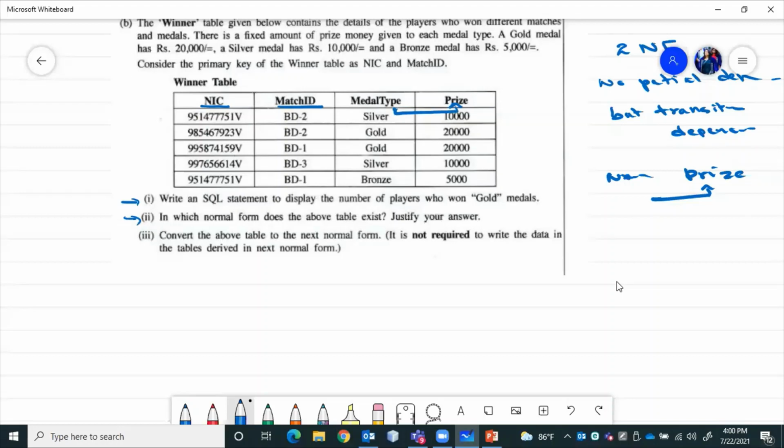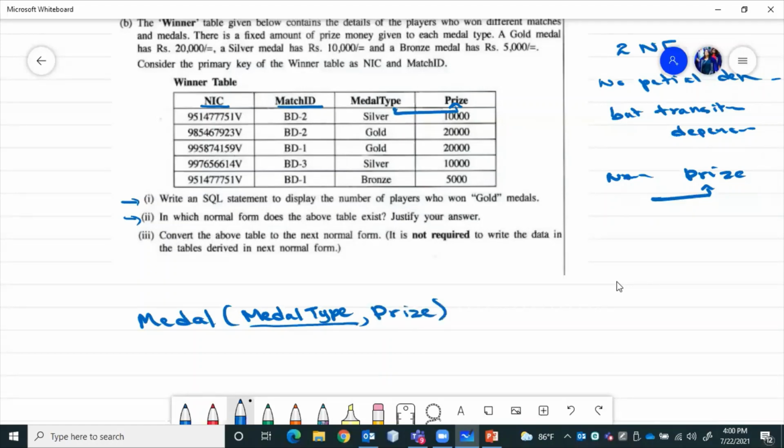Yes, we can have a table called medal, and there we could have the medal type. The price depends on the medal type, so we can make it the primary key and include the price there.